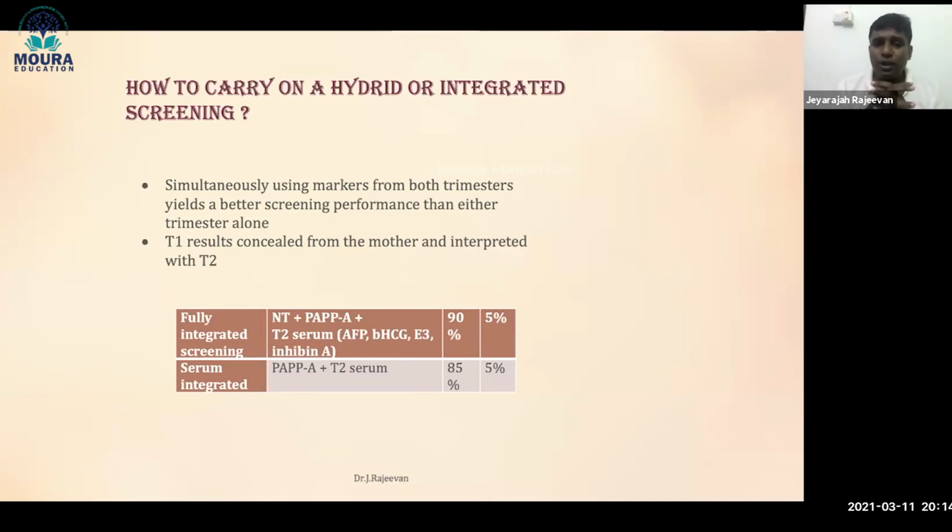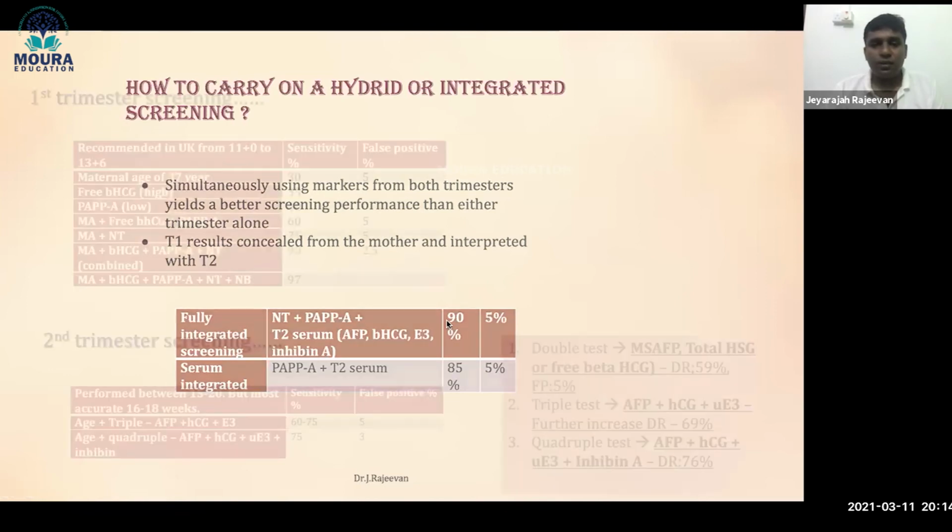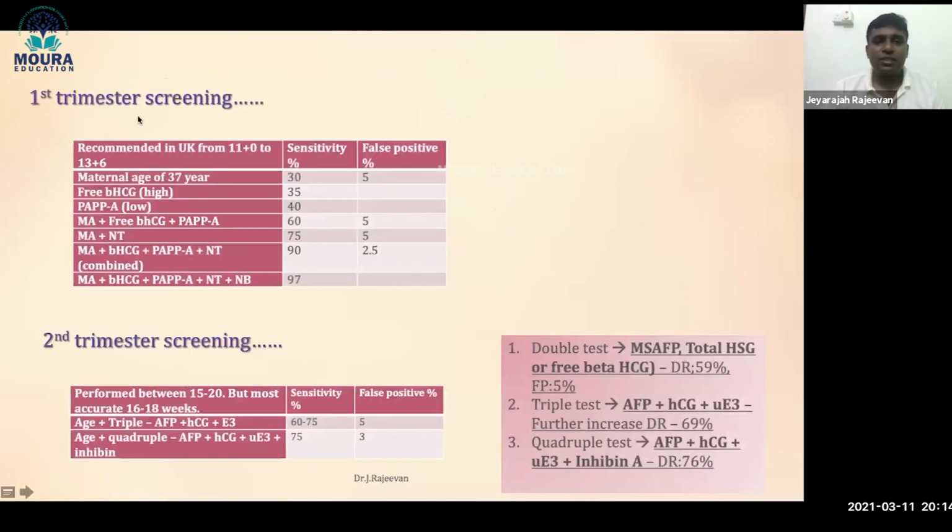But if you see increased nuchal thickness, it is a marker of Down's. So what I am doing is combining this NT and this PAPP-A. When I combine these two, my detection rate goes up to 90%. Here you can see first trimester screening and the individual detection rates.